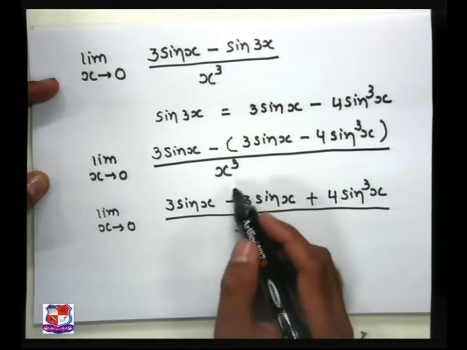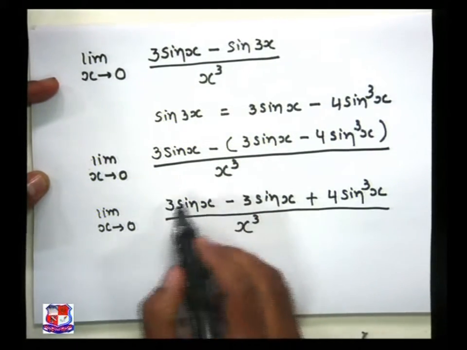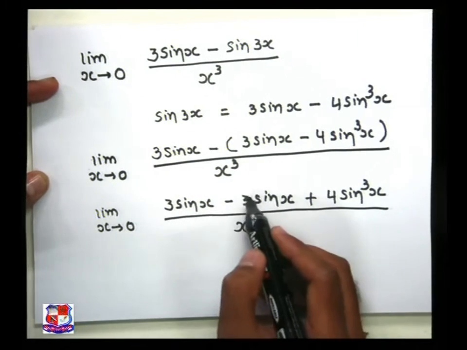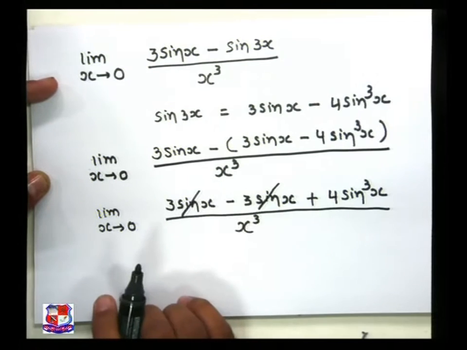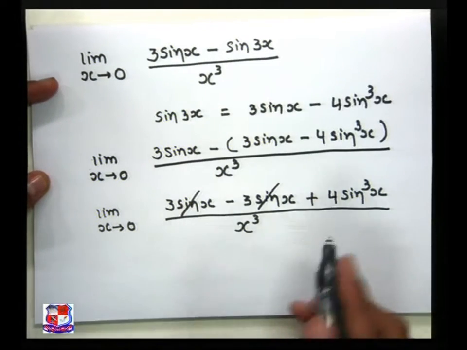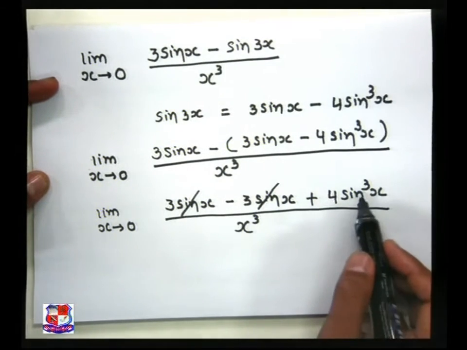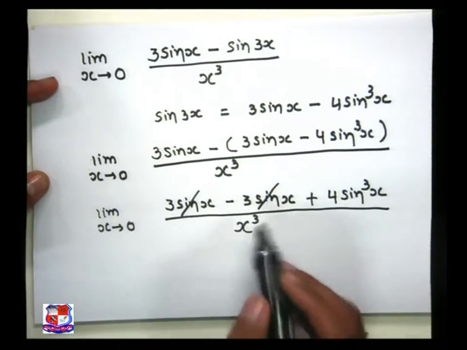Now simplify the numerator: here plus 3 sin x and here minus 3 sin x, ultimately both cancel out, and the remaining value is 4 sin cube x divided by x cube.